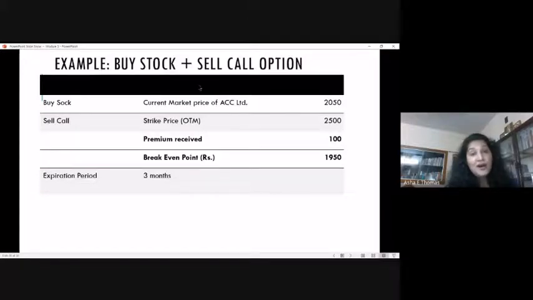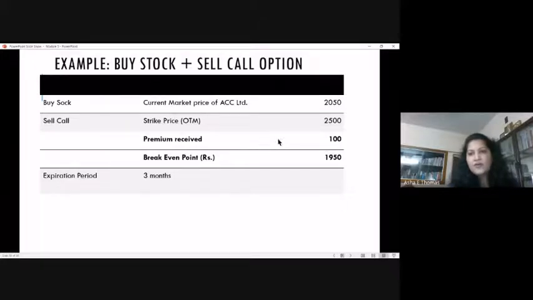But if the market is against his expectation, that is, bullish, automatically he is ready to exercise this at this price by selling the share, because that 2,500 is his profit expectation when he made an investment here. It's a profitable break even. Why? Because the current stock price is 2050.